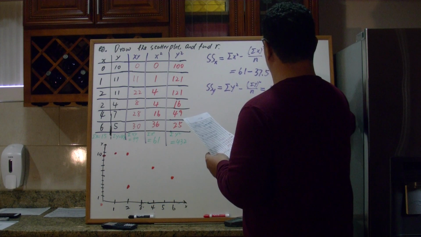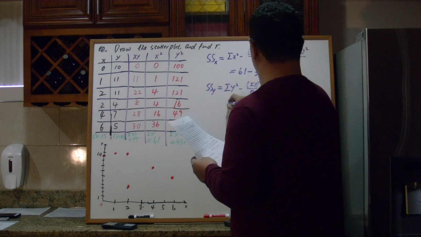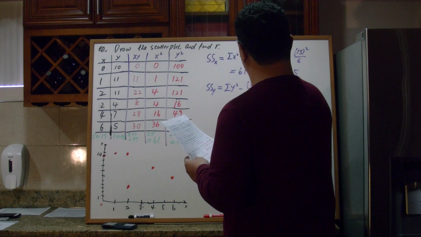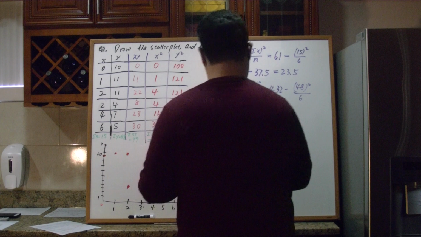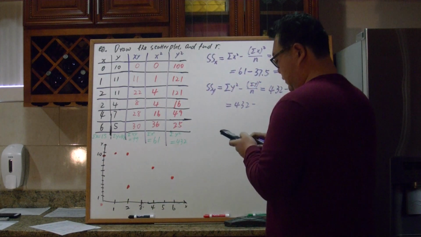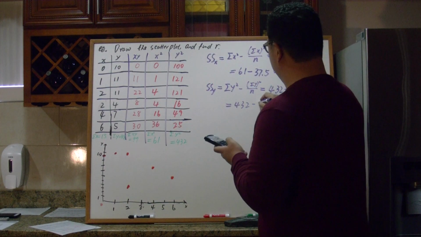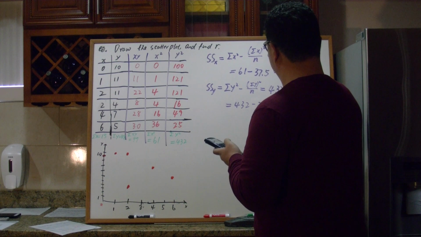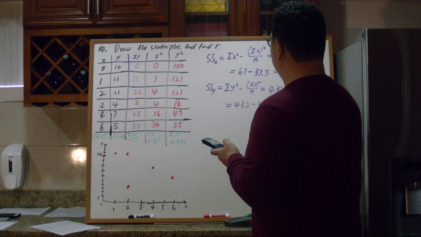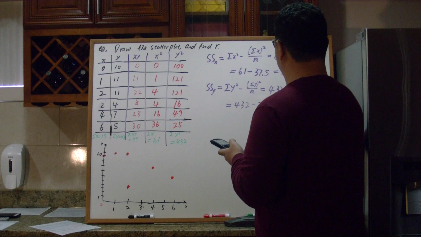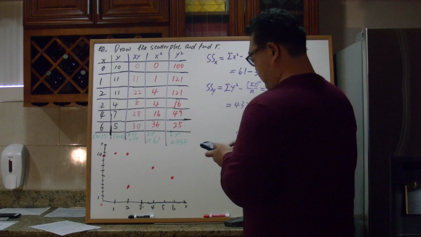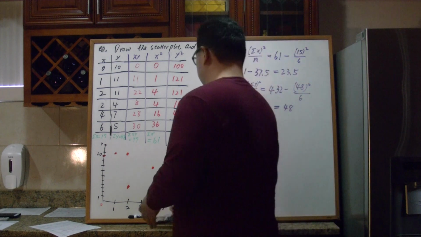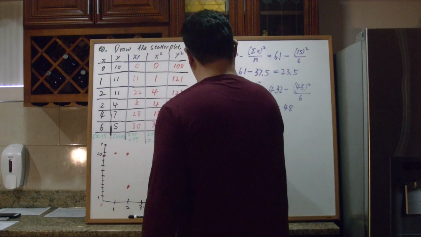The sum of y is 48, squared, divided by 6. 48 squared divided by 6 is 384. And when we subtract, we get 48. Right, that is SSY.